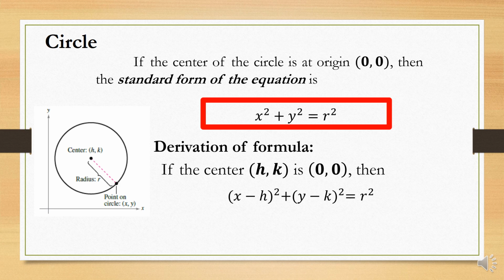Substituting the values of h and k into the standard form of the equation with center at h comma k, h is replaced by 0 and k is replaced by 0. So we will get x squared plus y squared is equal to r squared.